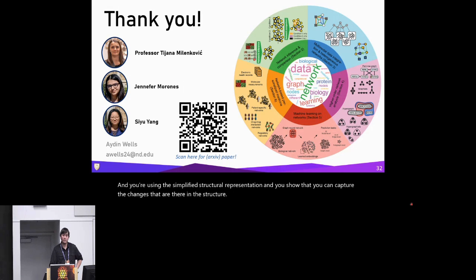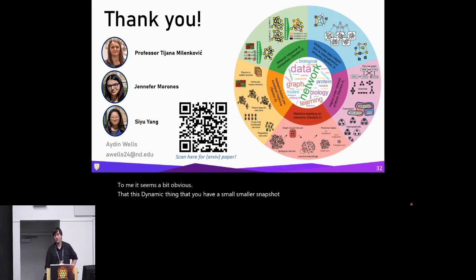To me, it seems a bit obvious that having a smaller snapshot magnifies the signal that is only a small part of the movement, just like Gonzalo was suggesting that the RMSD is a measure that gets diluted for the entire structure. When you have these partial things, you have less noise from areas that are not relevant. So I'm trying to understand what is the advantage of this. Why do you need the PSN if you already have the structure?